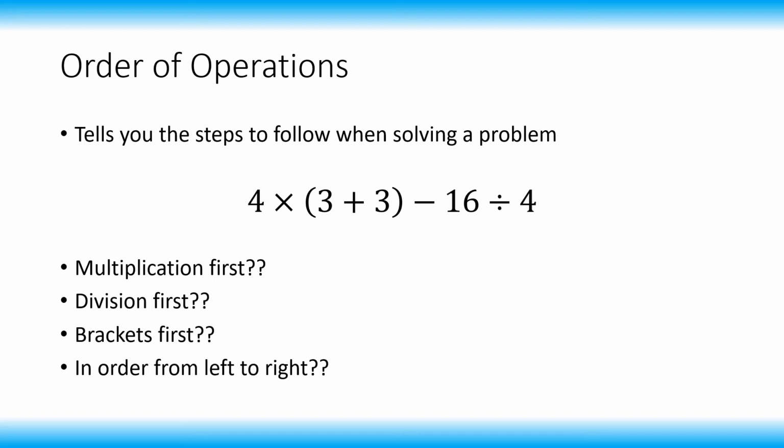So the order of operations basically tells you the steps to follow when you are solving a math problem. This could be a problem that's working entirely with numbers, like the one shown on the screen. It could be one where you're working with some numbers and some variables, some letters that we'll see when we get to algebra. It could even be done entirely with letters and symbols and things like that that aren't numbers.